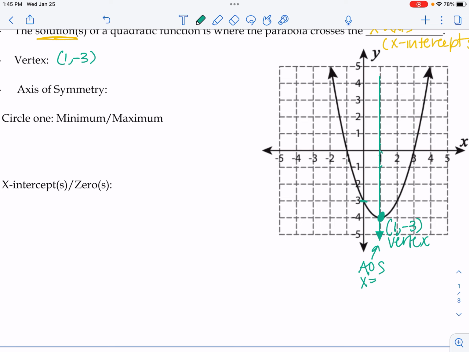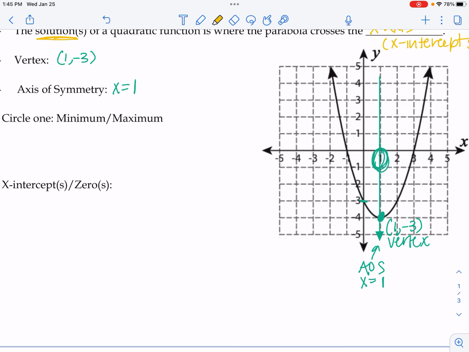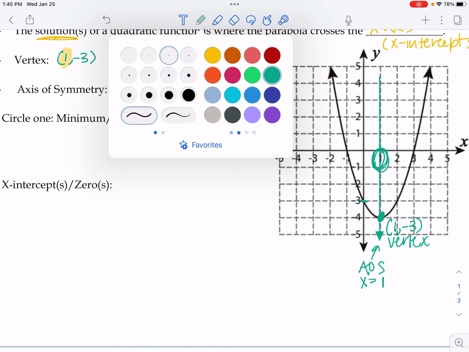And so x equals 1. You have to have that x equals or it's wrong. And so since the vertical line always goes through the vertex, this number and this number should always match.